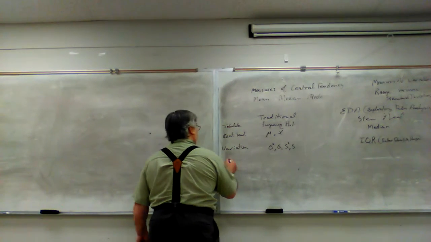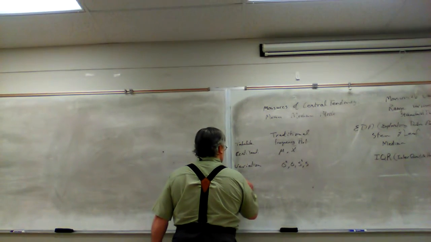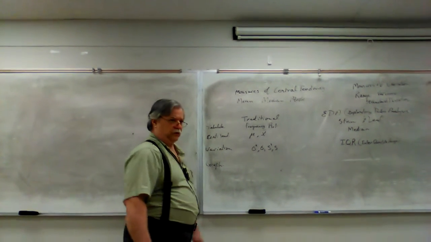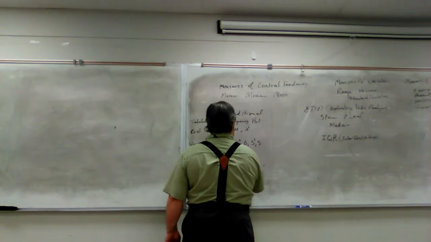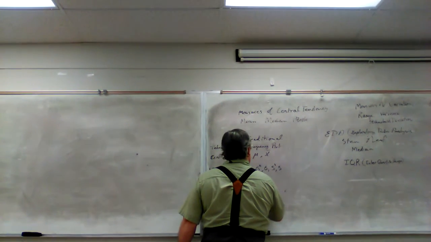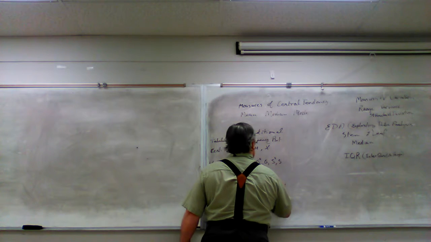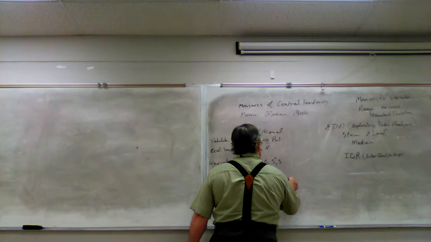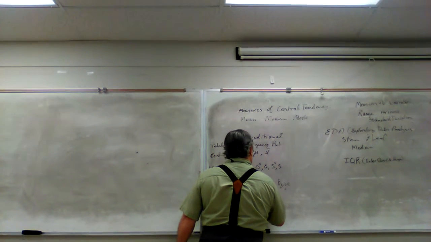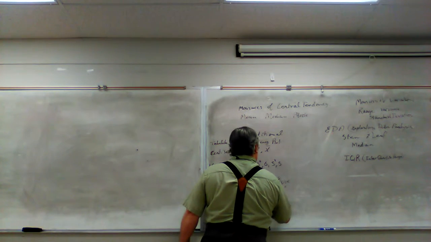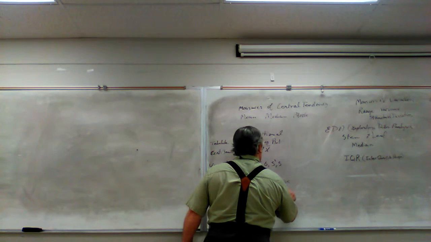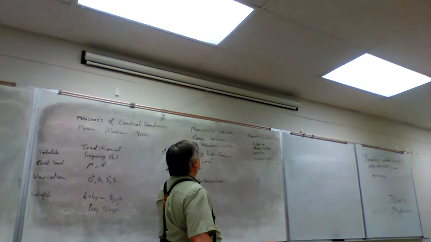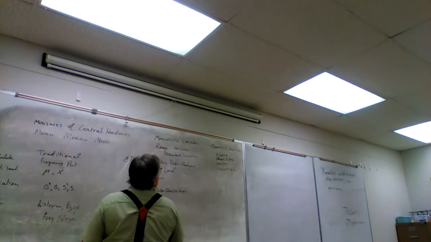Finally, for graphical representation. Traditional: use histogram, ogive, the frequency polygon. In EDA, we're going to use a different one.